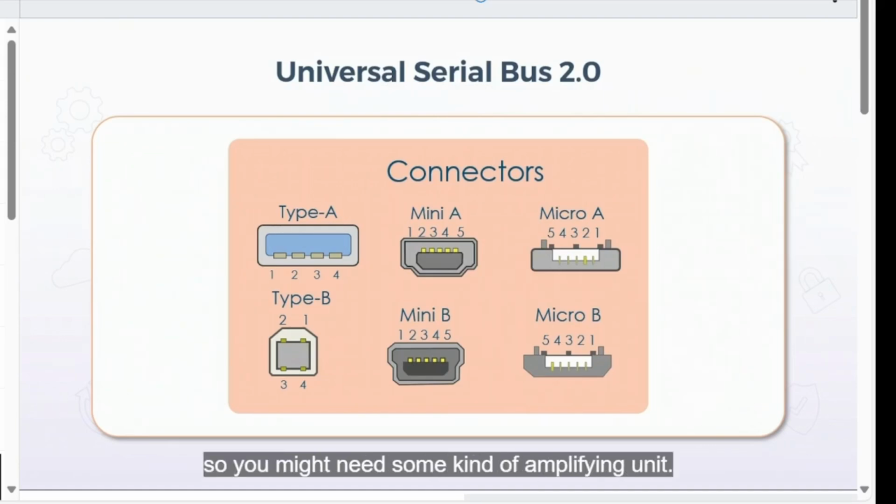The mini connector also had A and B additions, and as the name indicates, it was significantly smaller than Type A and Type B, and as such, it was generally used for smaller devices, one of the most common being digital cameras. So when you wanted to download pictures from the camera to your computer, again, in most cases, the A connection would be on the computer end and the B on the device end.